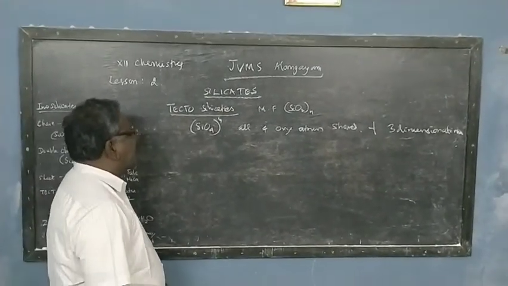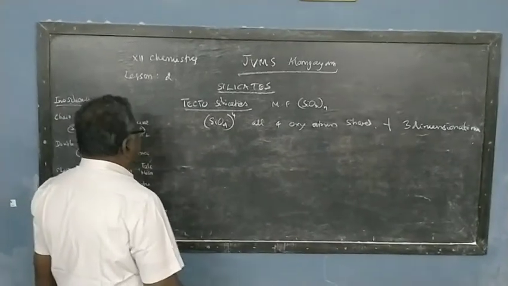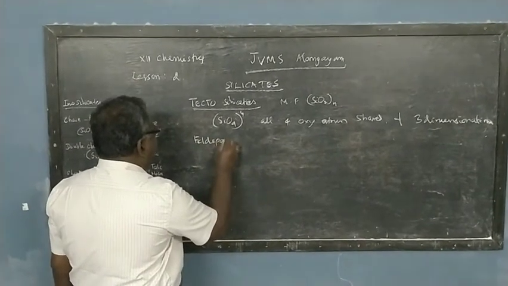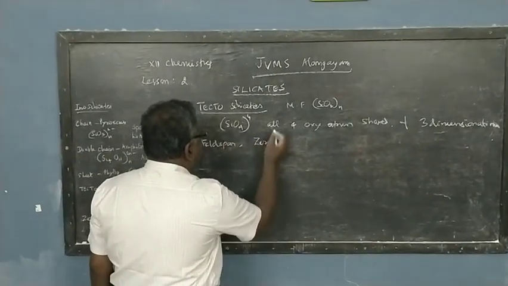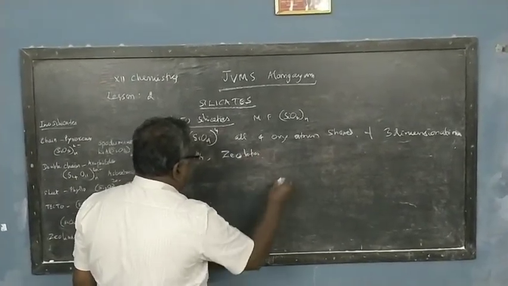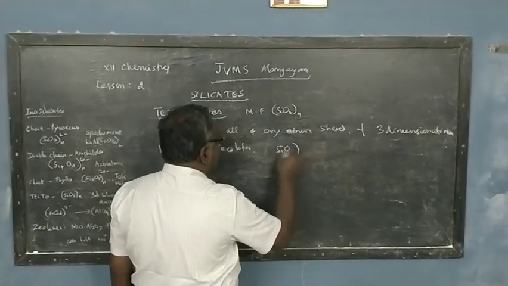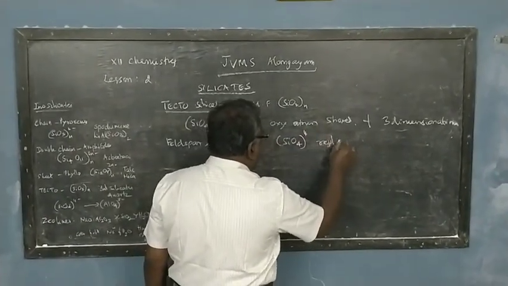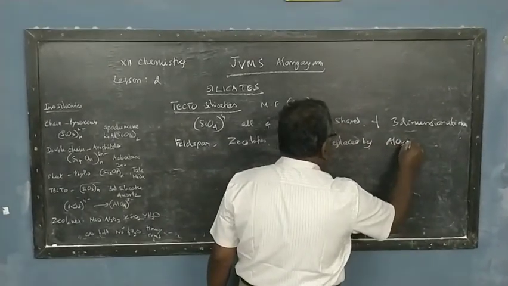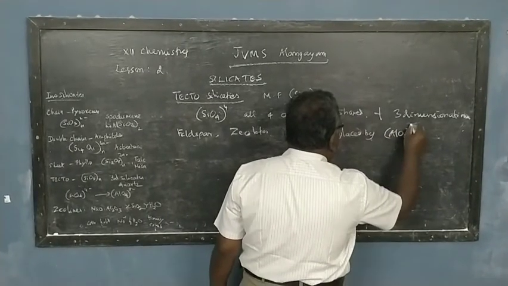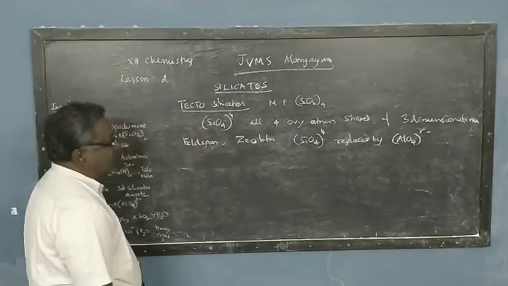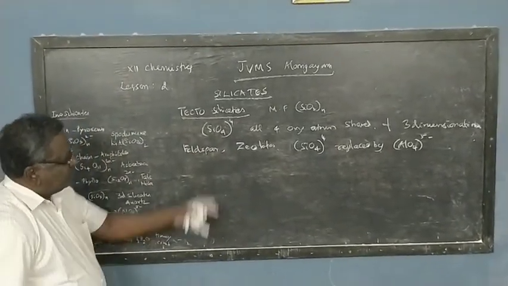And as far as this is concerned, we have 2 very important examples. One is feldspar, the other one is zeolite. Zeolites. So in this, silicate units are replaced by aluminate units. Therefore, it is aluminosilicates.